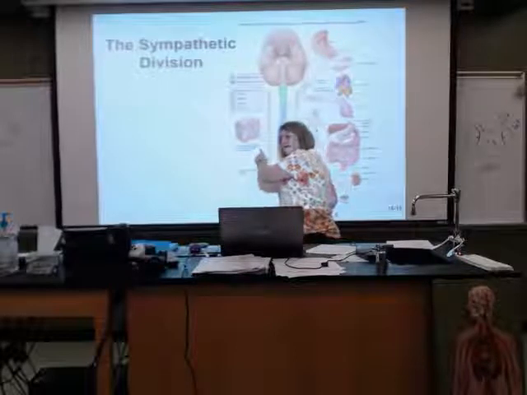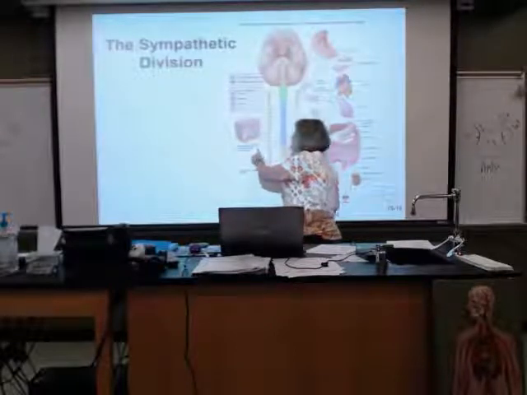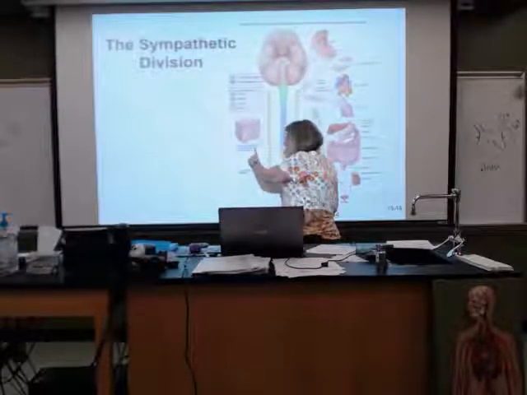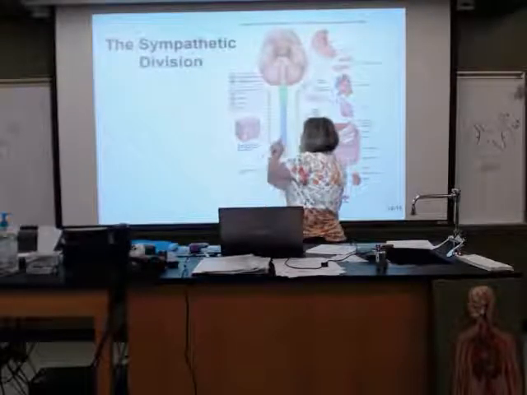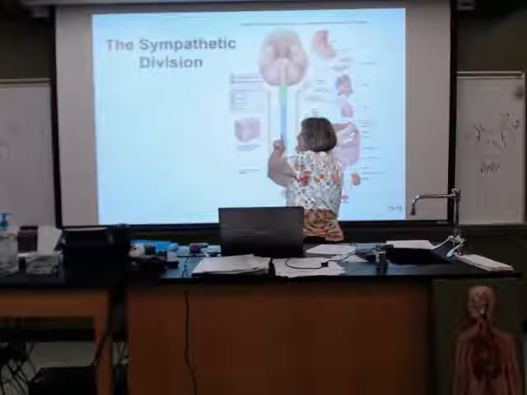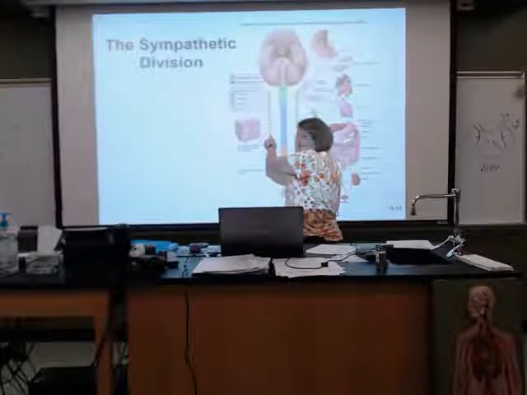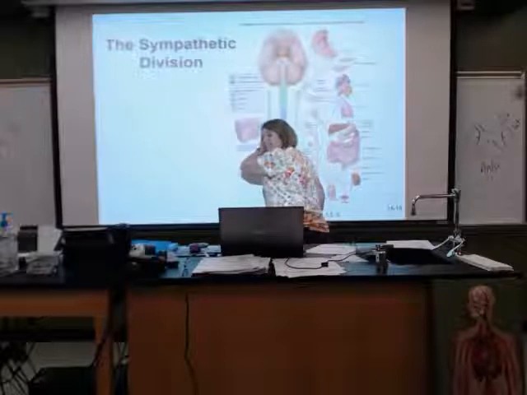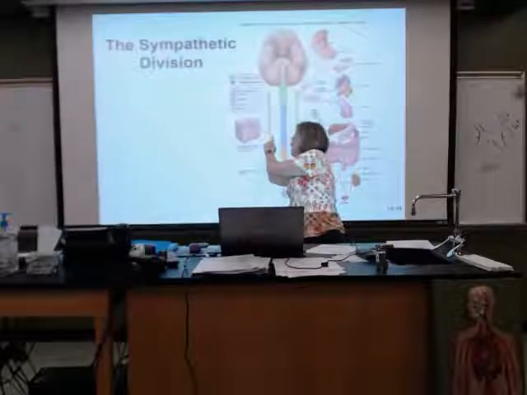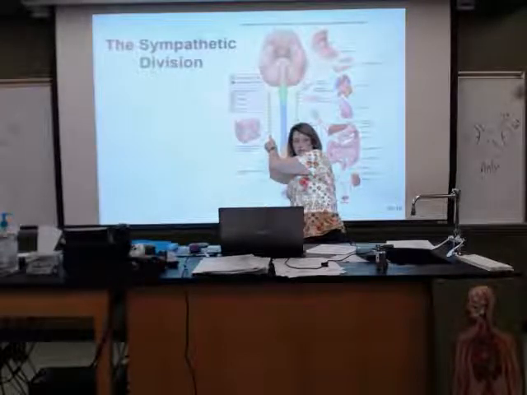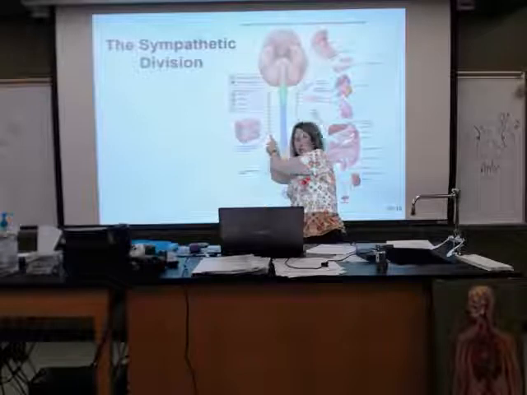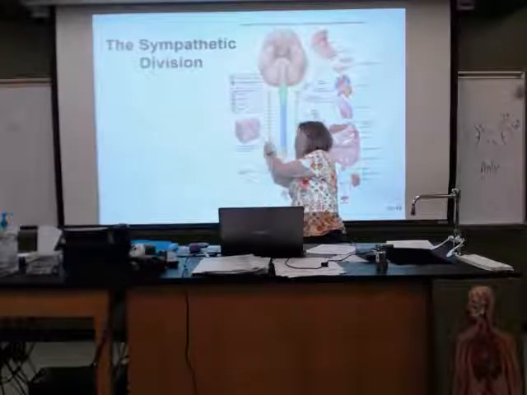If I need to travel to the skin, my blood vessels, adipose tissue, I simply go from the spinal cord to the chain ganglia. In this case, the green synapses with the red right here in my chain ganglia. Does everybody see that? So this would be my pre-fiber, this would be my post-fiber.